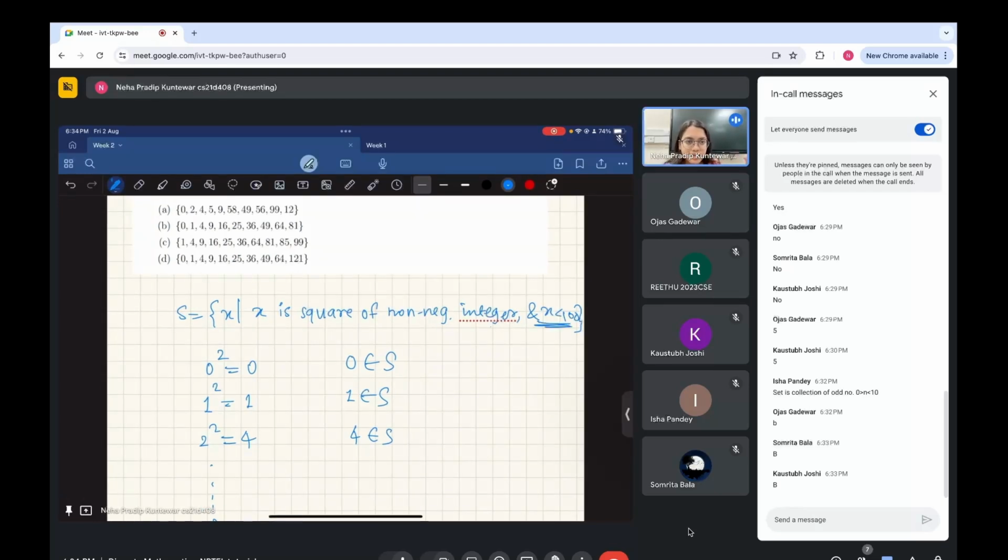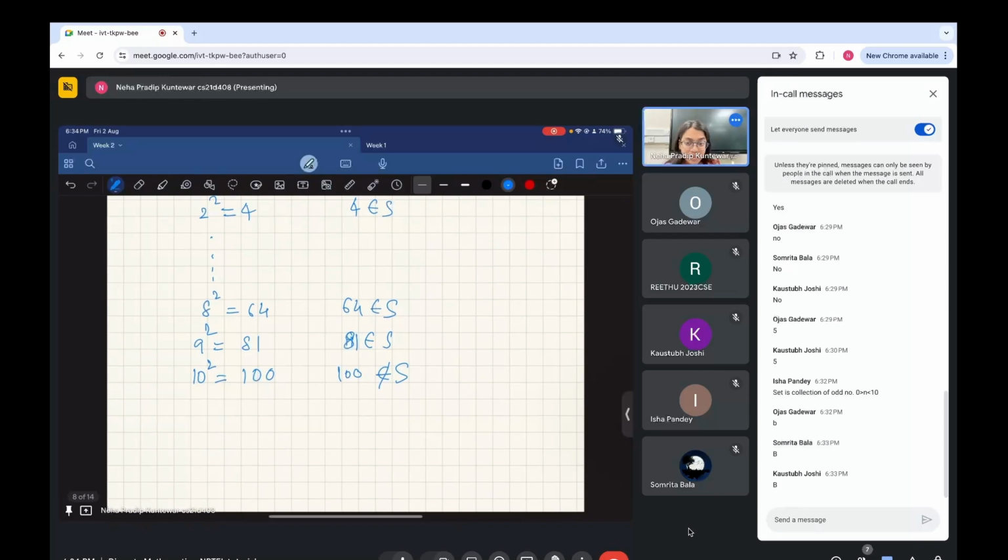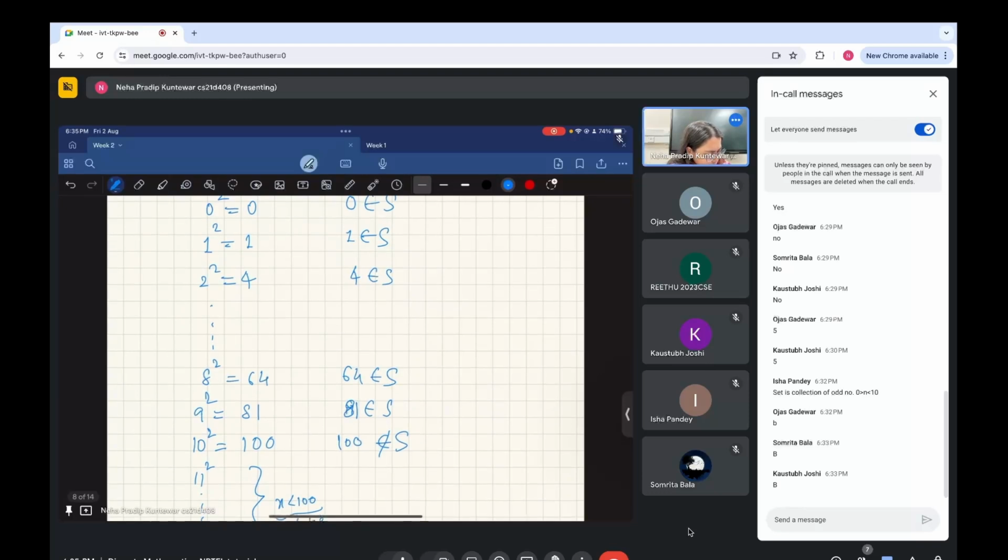And now if you go beyond 10, 11 square, 12 square and so on, then the numbers that you would end up getting would definitely be greater than 100, and this would contradict the fact that x is less than 100. So this would not be satisfied, and hence those elements will not end up in the set. So what is the final set of numbers that we have?